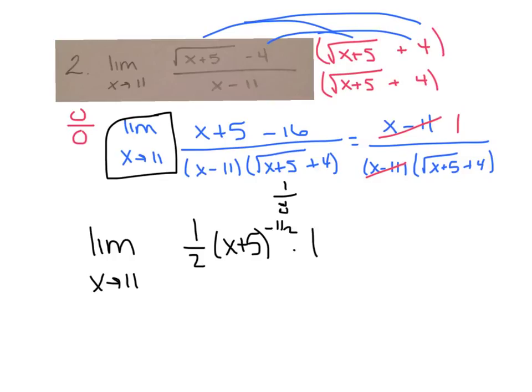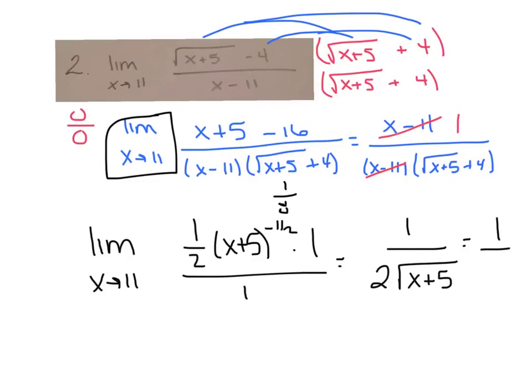The derivative of 4 is 0, all over 1. And I'm just going to clean that up and say that's really 1 over 2 square root of x plus 5. I'm going to carefully plug in my 11. I get 1 over 2 times 4, so I get 1 over 8 this way as well. So either method, again, as long as you have 0 over 0, you can use L'Hopital's.